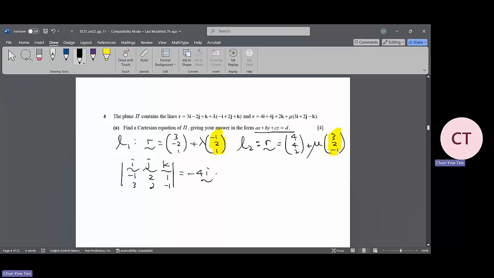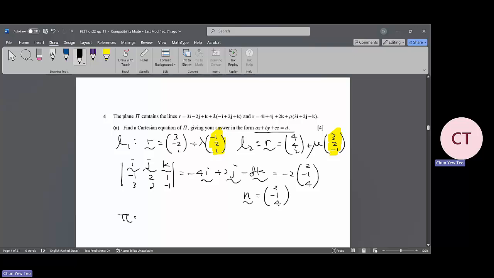Then 1 minus 3, positive 2j. And k will be negative 2 minus 6, negative 8k. So we can factorize the negative 2 out, making it 2, negative 1, and then 4. So my normal vector will be 2, negative 1, 4.